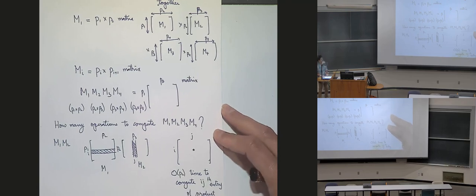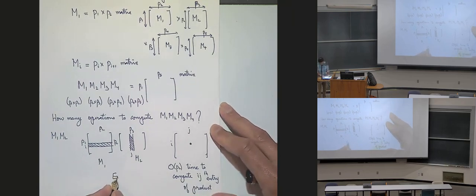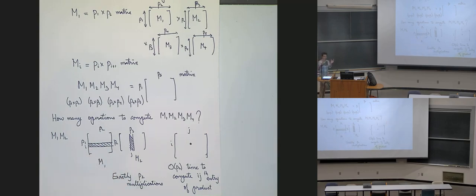And it's even simpler, it's exactly P2 multiplications. You're taking these entries here, and multiplying.